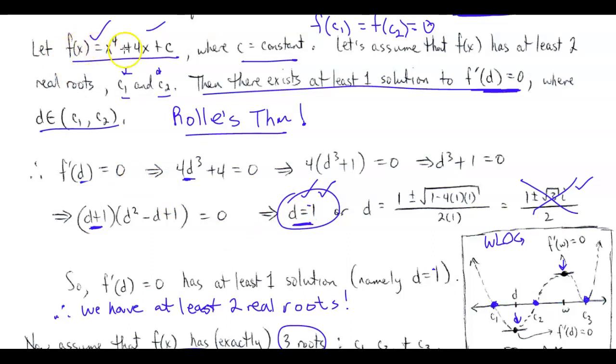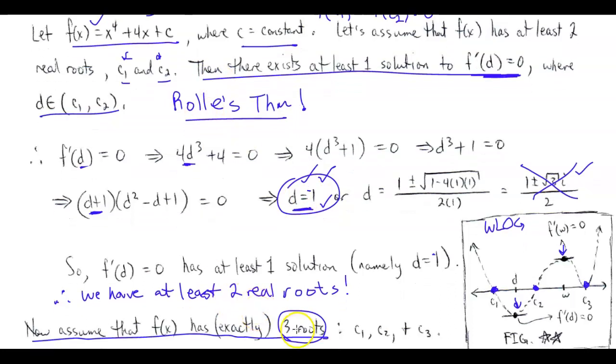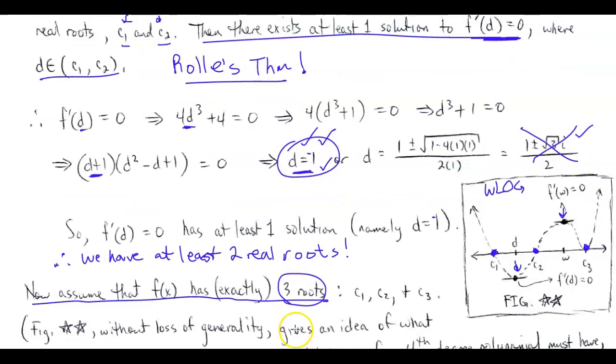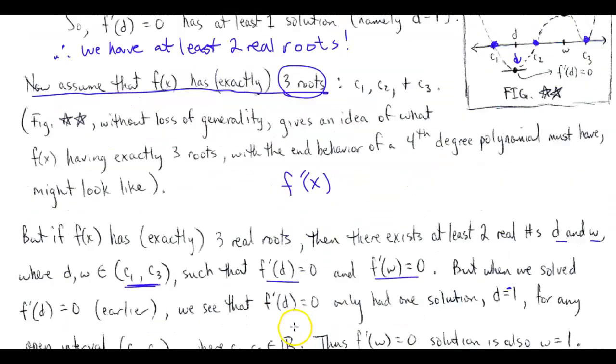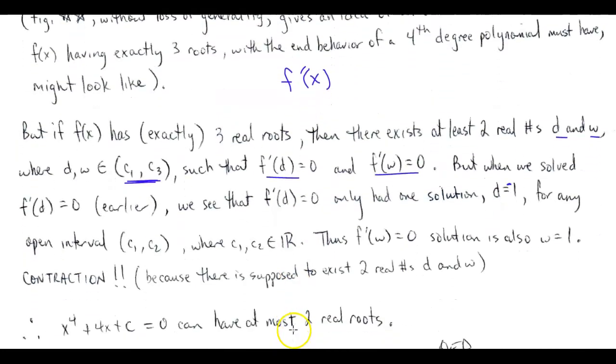We still have the same function that we're dealing with, and no matter how many times I take the first derivative of it, I'm only going to have 1 value that satisfies this. If I have 3 real roots, notice that I'm forced to have 2 values, but I know that that's impossible. And that's what I'm trying to communicate here.